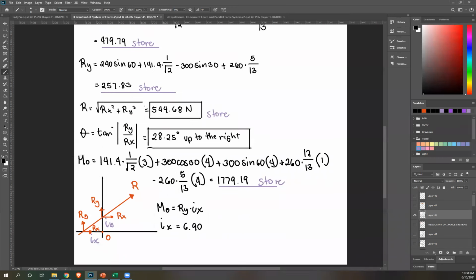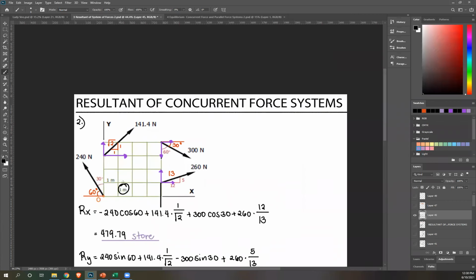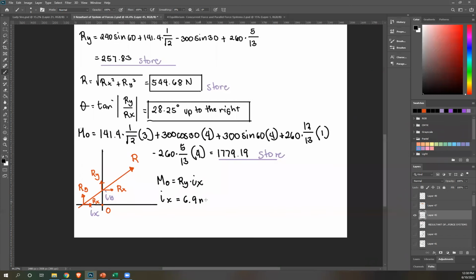You divided by Rx, that's why some of you got the correct answer. And our unit of measurement is meters. So 6.90 meters.